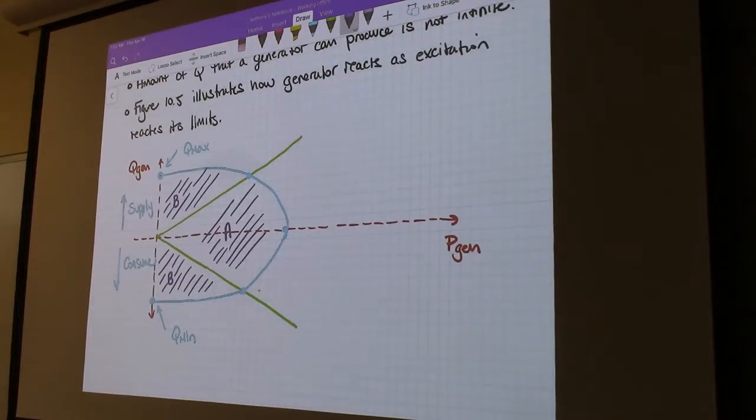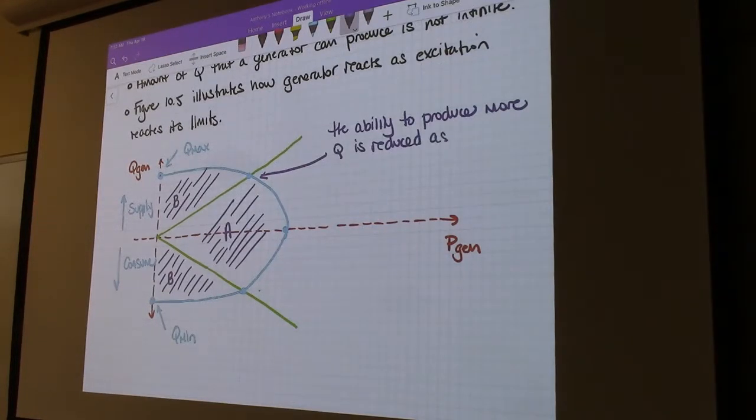So, some notes. As you would expect, it's easiest to produce more Q when you are not producing a lot of Q, right?